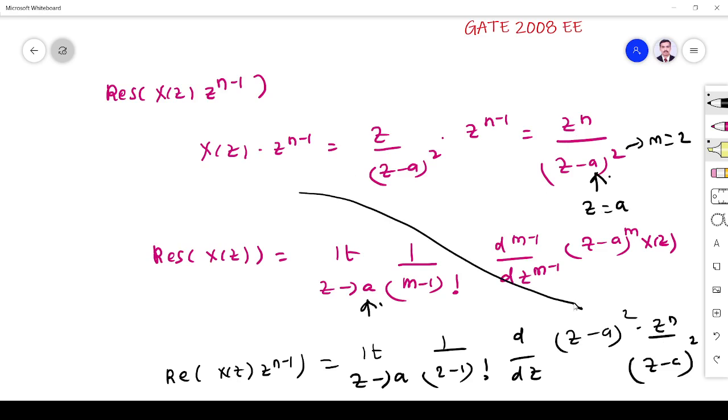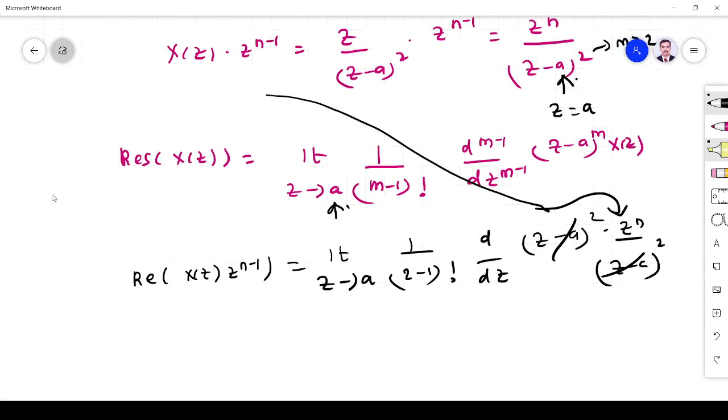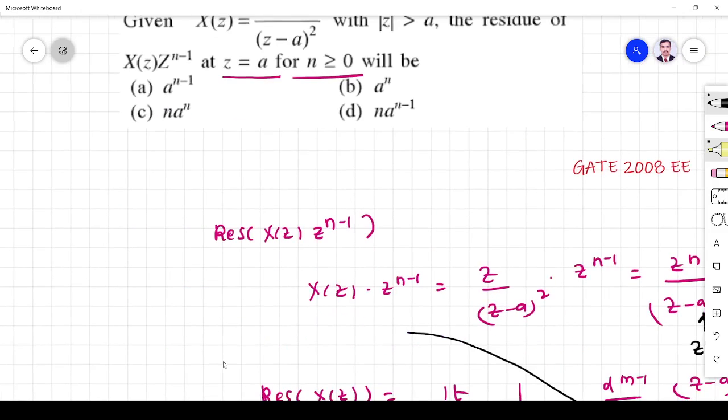Here I substitute, so this will be cancelled. So it is limit z tends to a of the differentiation, which is n into z power n minus 1. So z tends to a gives n into a power n minus 1. So n into a power n minus 1.